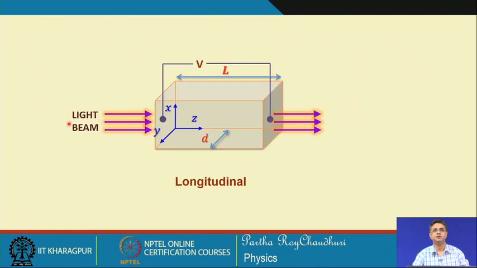So, this is the longitudinal configuration of the KDP crystal. You have thickness, you have width d and the length L, and these are the x, y and z axis.